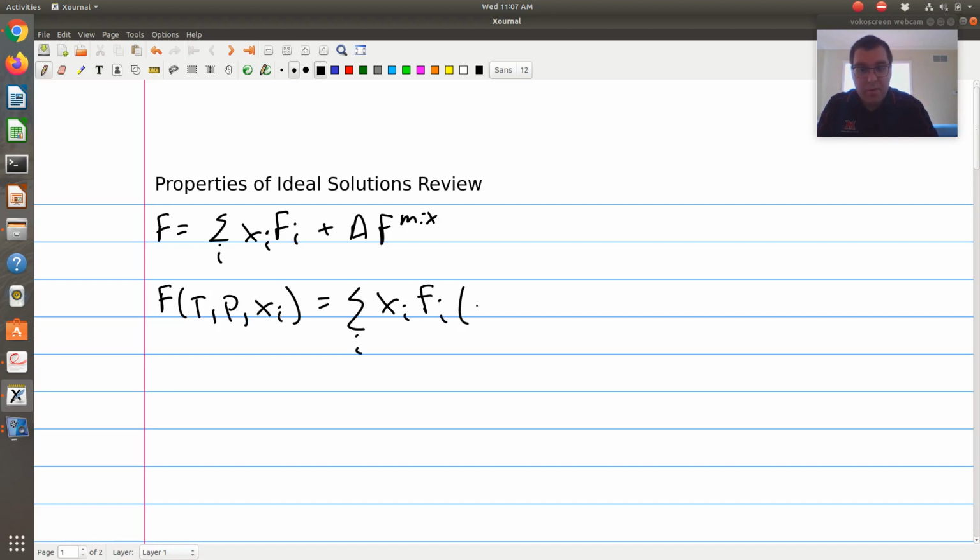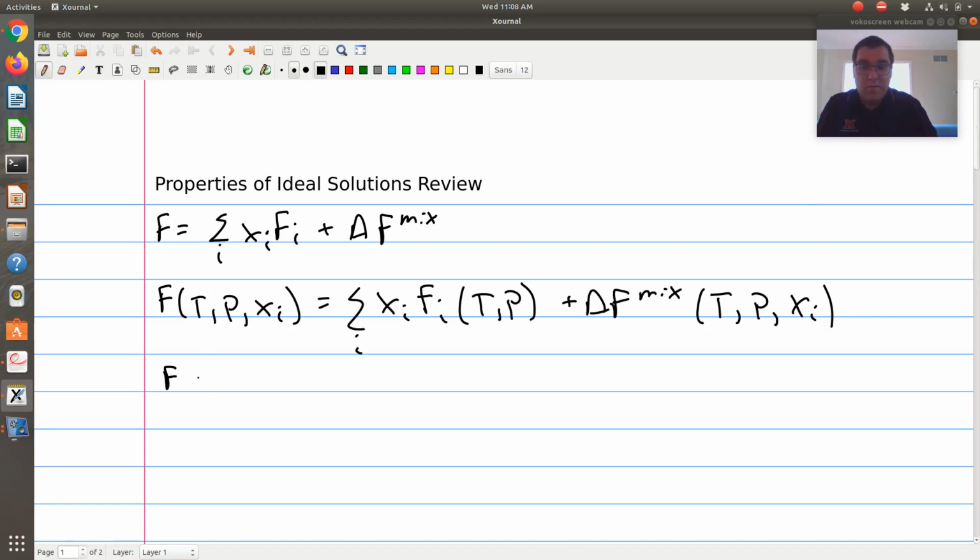F_i would be the pure component F, so that would just be a function of T and P. And delta F of mixing is going to be a function of temperature, pressure, and composition. So F can be written as the molar average of pure component F's plus delta F of mixing.